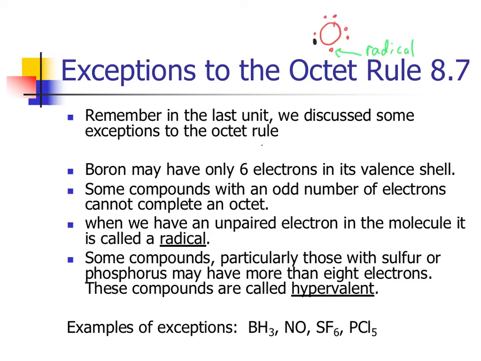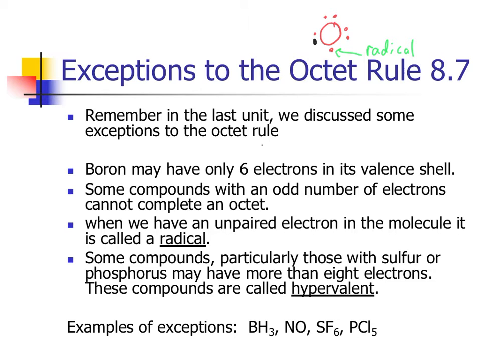We do not want radicals. Instead, we want it to bond with something. We want it to have its octet. We want it to be able to have a bond. When it has its bond, it is no longer a radical. When it is no longer a radical, it's stable. It's understandable. It makes sense.